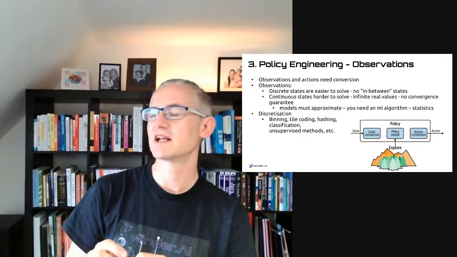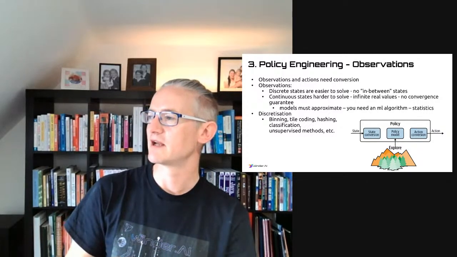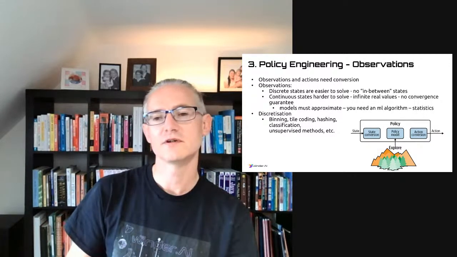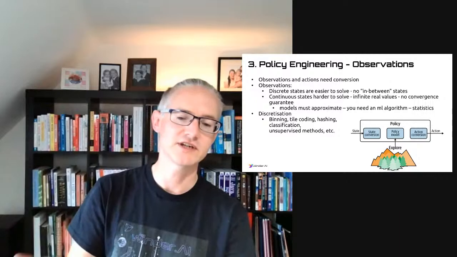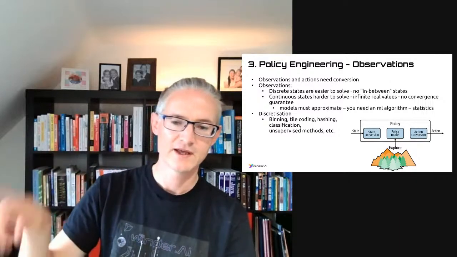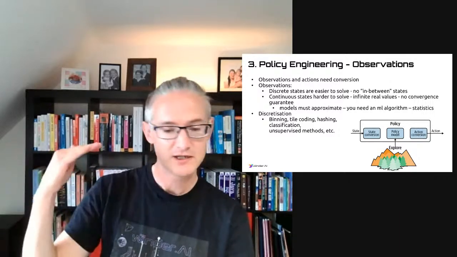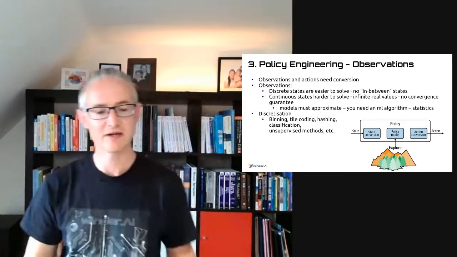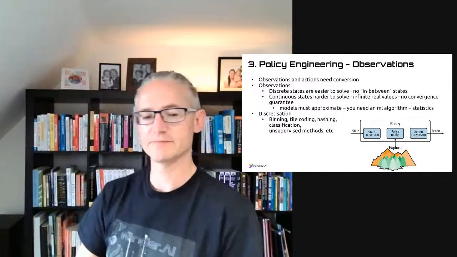An example of a continuous action might be to set a valve to a number of degrees between 0 and 360. That's a continuous number because it could be 35.7 or it could be 178.254, whatever.